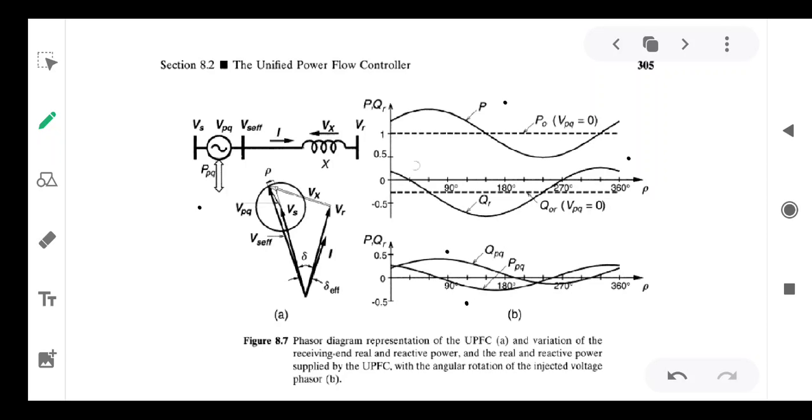As shown in the figure B in the waveforms, it is capable of changing PPQ as well as QPQ of the converter by changing VPQ and angle sigma, so that VPQ and sigma can vary the effective voltage, thereby we can change the active power as well as reactive power of the system.